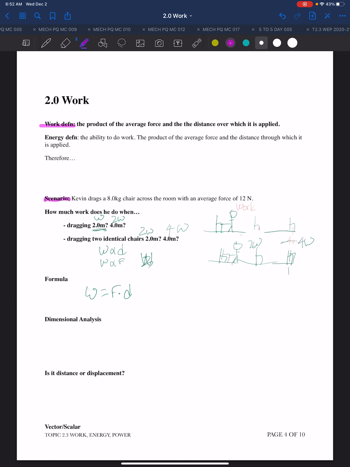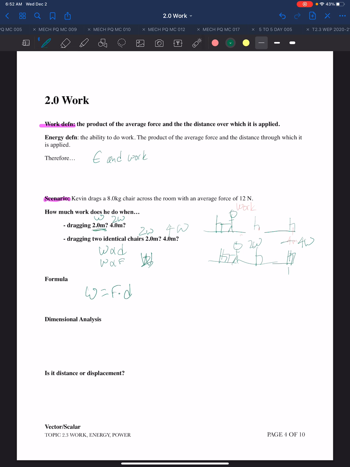And energy, if we look at the word energy, its definition is the ability to do work. And work, of course, is the product of the average force and the distance over which it's applied. So therefore, what we can see is there's this very tight relationship between energy and work.